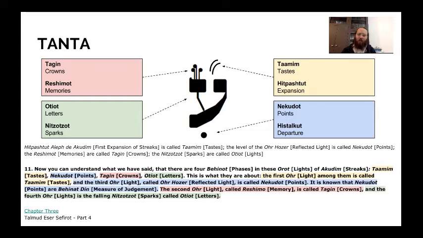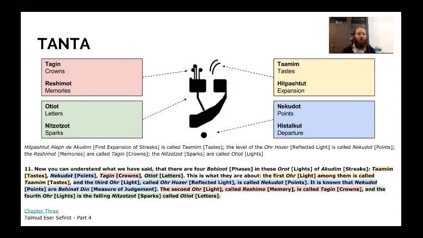That forces those memories above, and that's why the crowns are above the letter. The letters themselves are the result of that clash between the reflected light going into the vessel and the memories, and that causes a strengthening of the vessel, and that strengthening is called nitzotzot, sparks.